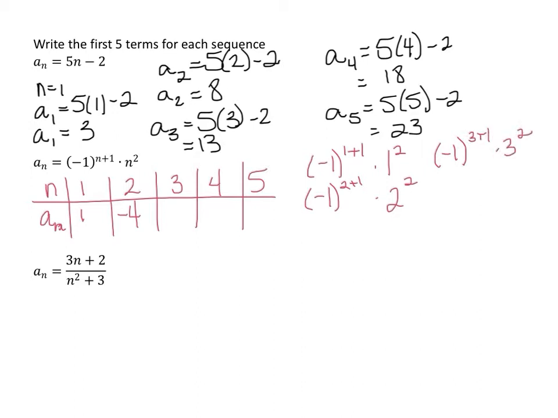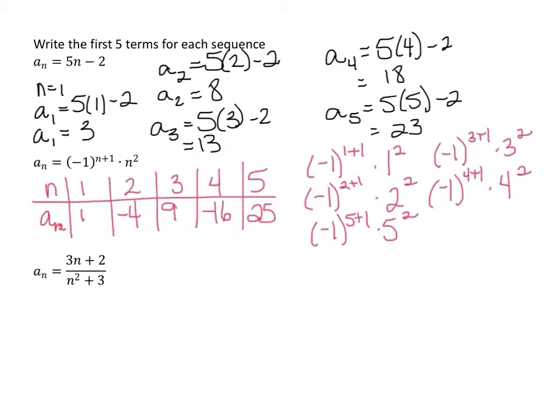So negative 1 to the 4th power is 1. 1 times 9 is 9. So here, negative 1 to the 5th is negative 1, times 16 would be negative 16. And then negative 1 to the 6th is positive 1 times 25 is 25.